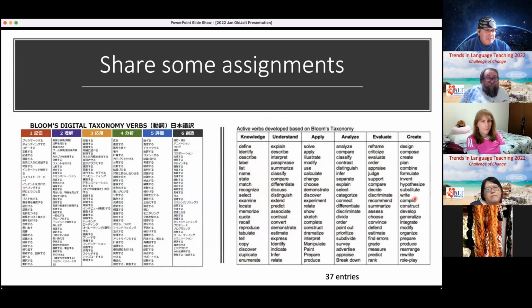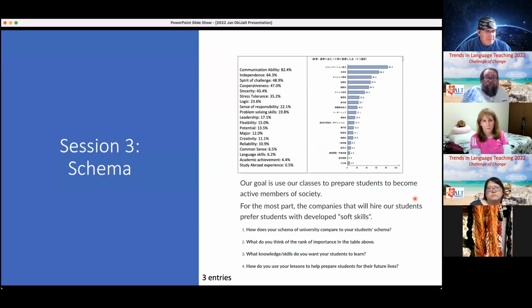So in this particular asynchronous session, the task was: tell us about some of your assignments and show us some of your tasks that utilize these different active verbs. And the point was to get teachers of different specialties sharing their ideas and their practices, which would hopefully spur ideas and conversation with teachers of other specialties. And here, the buy-in was a little bit lower with 37 entries over this one.